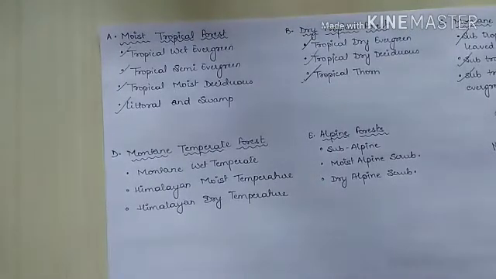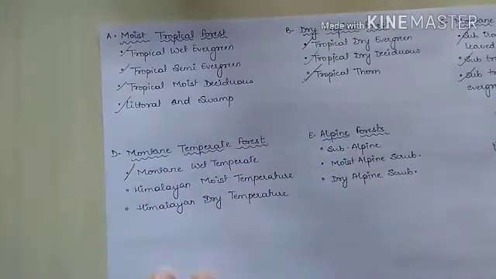The trees rarely achieve a height of more than 6 meters, so they are very short. The major species are deodar, Indian chestnut, birch, palm, blue pine, oak, hemlock, etc. So this was montane wet temperate forest.